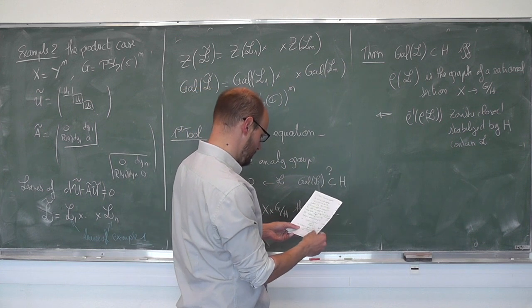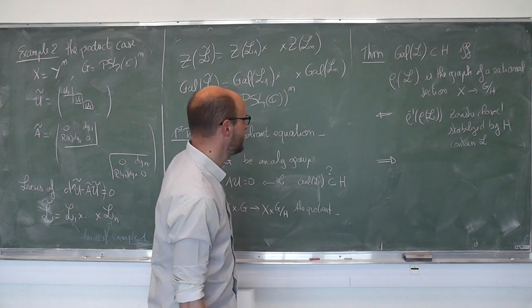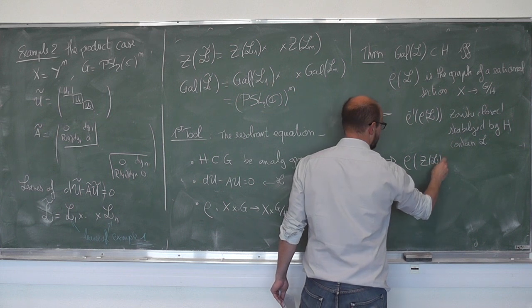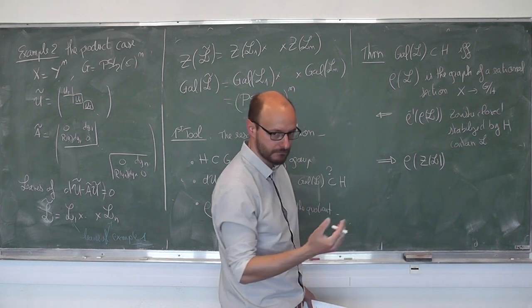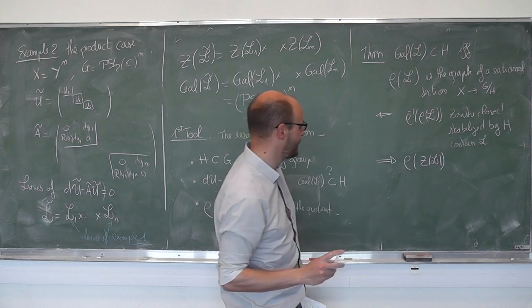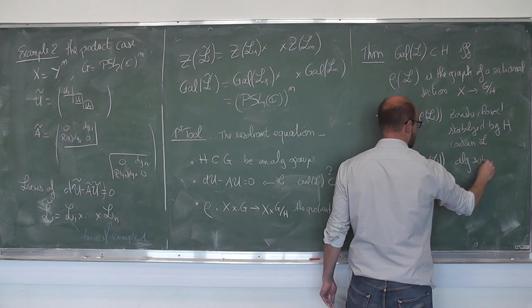And now, if you look at rho of Z of L, this will be, outside some codimension 1 set, an algebraic manifold, an algebraic subvariety.